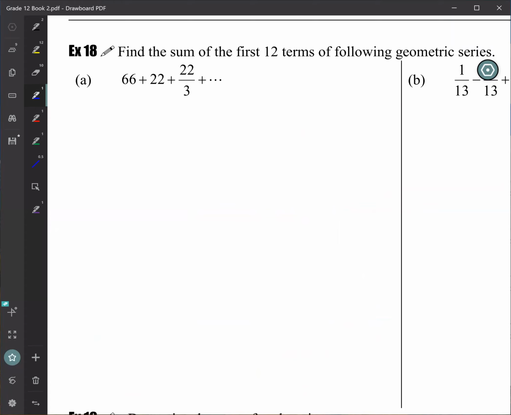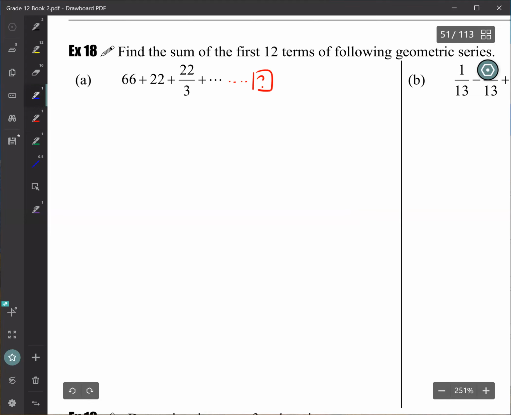If you think it's the first one, can you raise your hand? If you think it's the second one, don't raise your hand. Okay, so first formula, right? First formula if you don't know the last term. This one goes on, but we don't know the last one. So we use the first one.